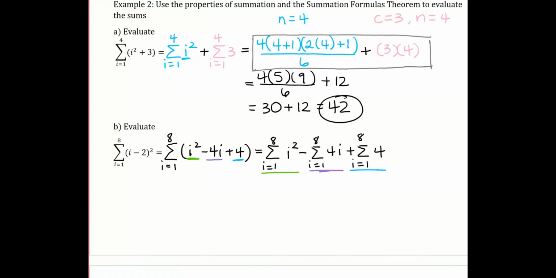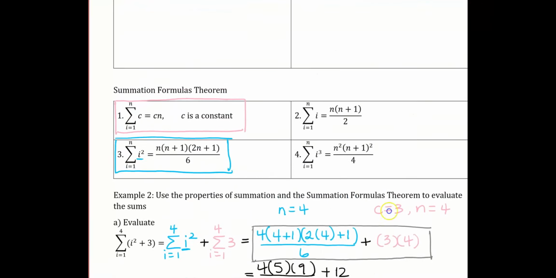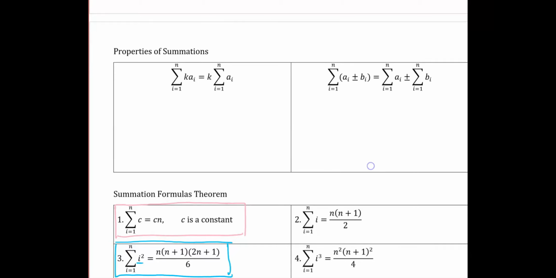And then before I start using the formulas to evaluate this, I'm going to use the first property, the property that says that if we have a constant on the inside of our sum, we can pull that constant out.